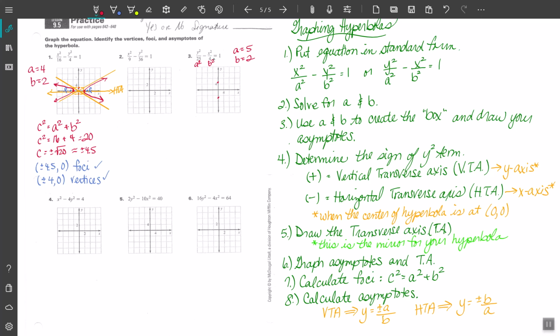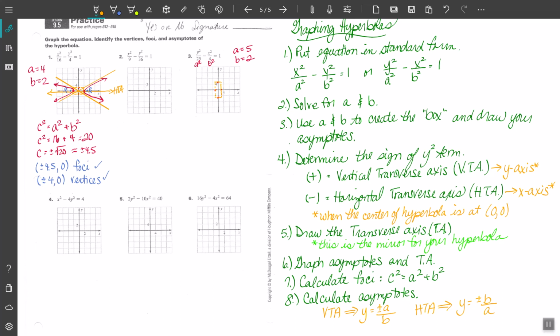And then my x term is over top of the b, so that's 2. That means I'm going to go to the x-axis and go to the right and to the left 2 units. So now I'm going to get a box that's a little bit more vertical in nature. I'm going to connect each of those dots to make a box with a little dotted line.